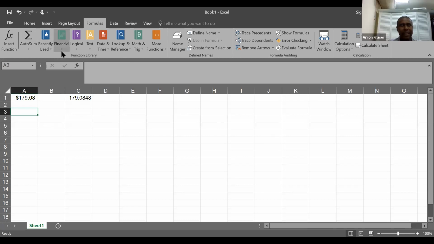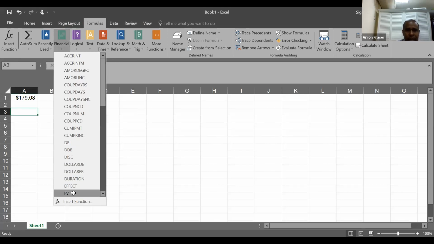So I'll go to the next example, which is principally the same. In this example, for the second question, it's the same $100 at 6%, but 20 years now. So we go formulas, financial, FV.